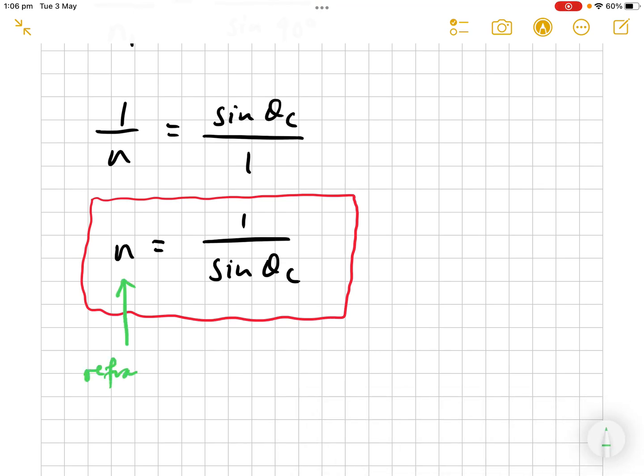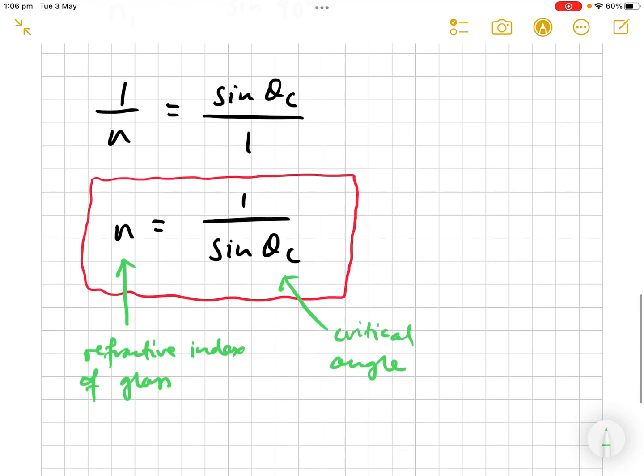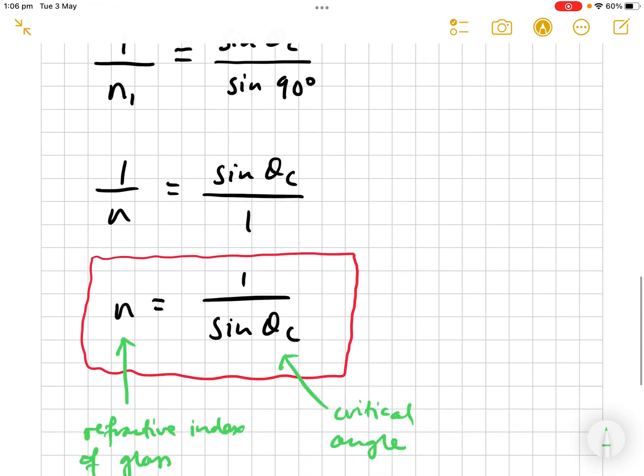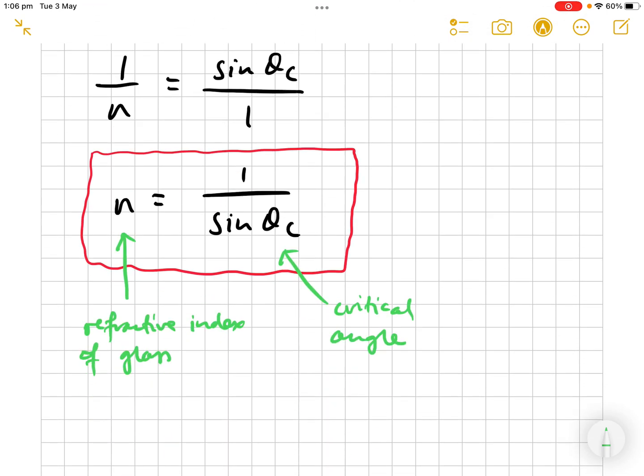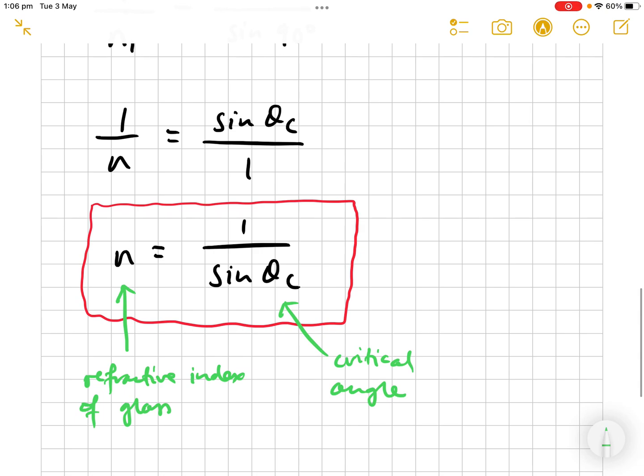So that is the refractive index of the glass, or perspex, or whatever medium it is, and that of course is the critical angle within that glass. Okay, that is the formula and indeed the derivation which you should know by heart.